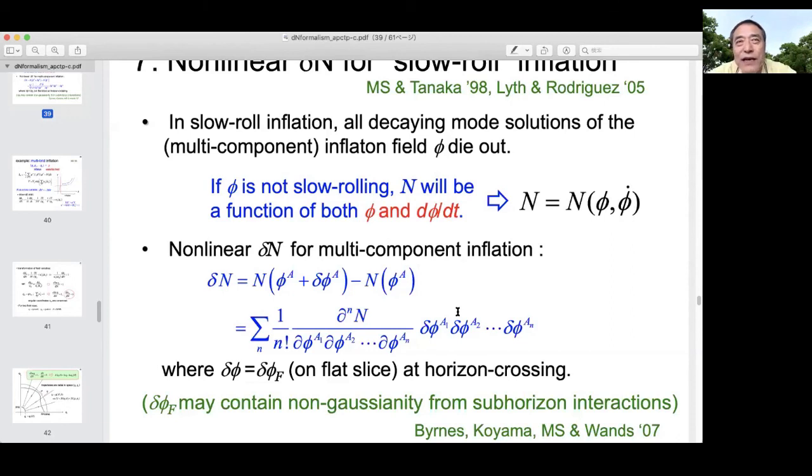If you write down the probability distribution function of N, then in the end you may be able to compute this delta N, because the only thing you have to do is define some mean value of N, and then take the deviation from this mean value. Of course this deviation will not be Gaussian distributed.